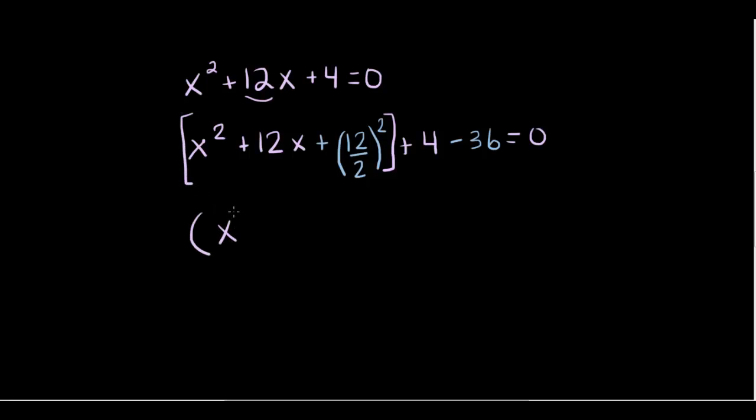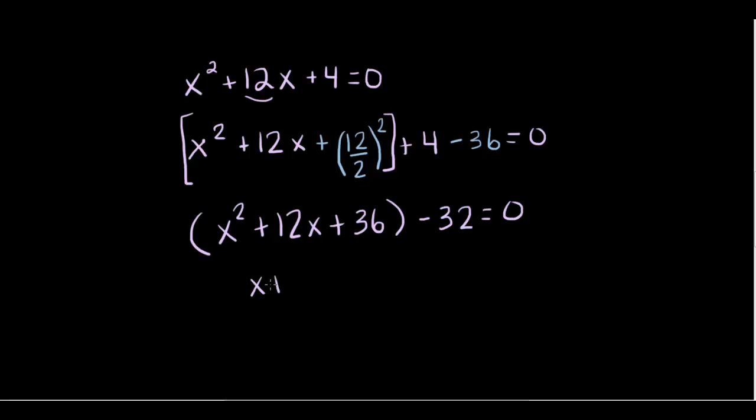So this is x squared plus 12x plus 6 times 6, 36. And then 4 minus 36 is negative 32, equals 0.